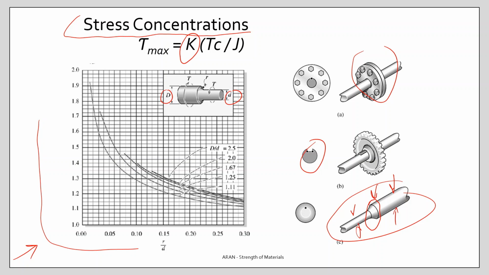How do you do it? You have your capital D, small d, and the radius of the fillet. What you have to do is calculate these two ratios, take these ratios, go up and to the left, and find the K factor for torsion.